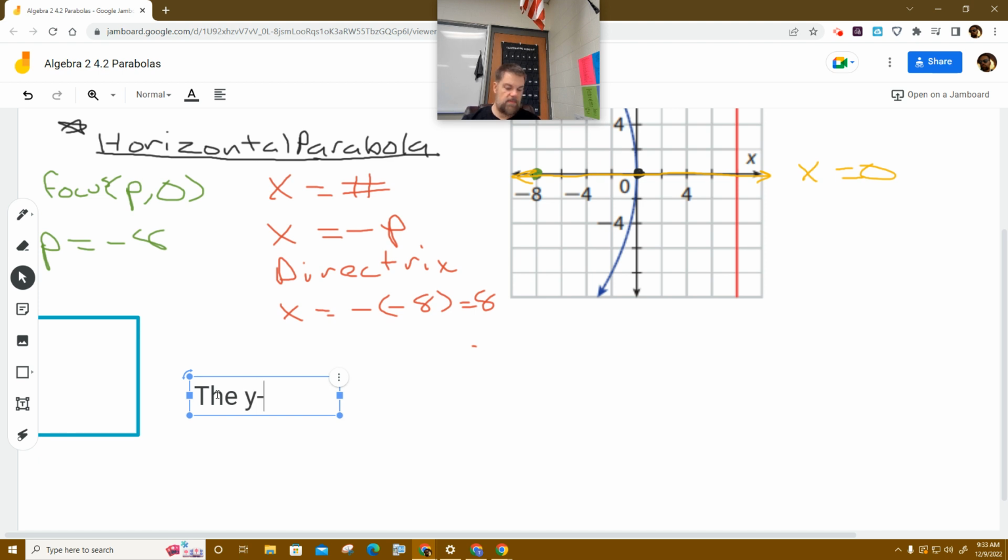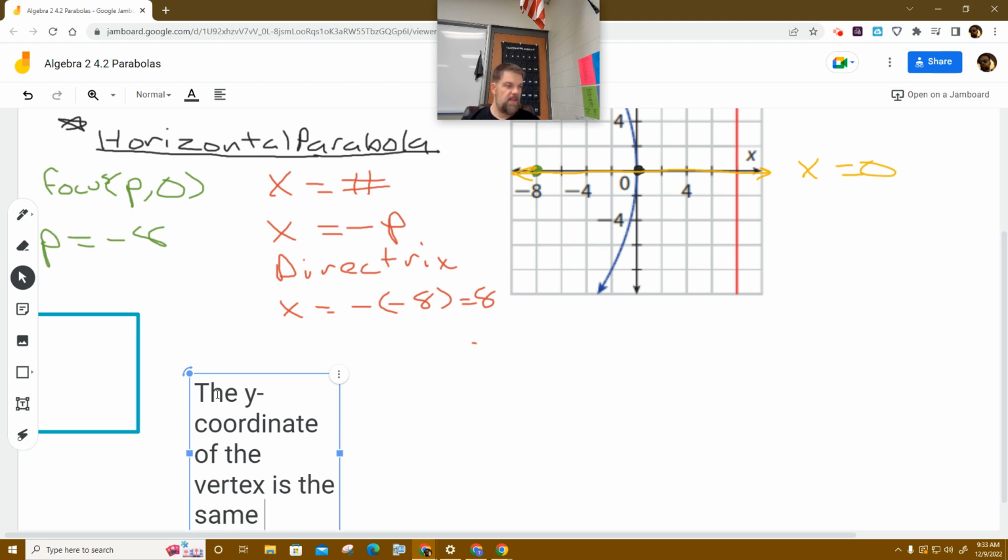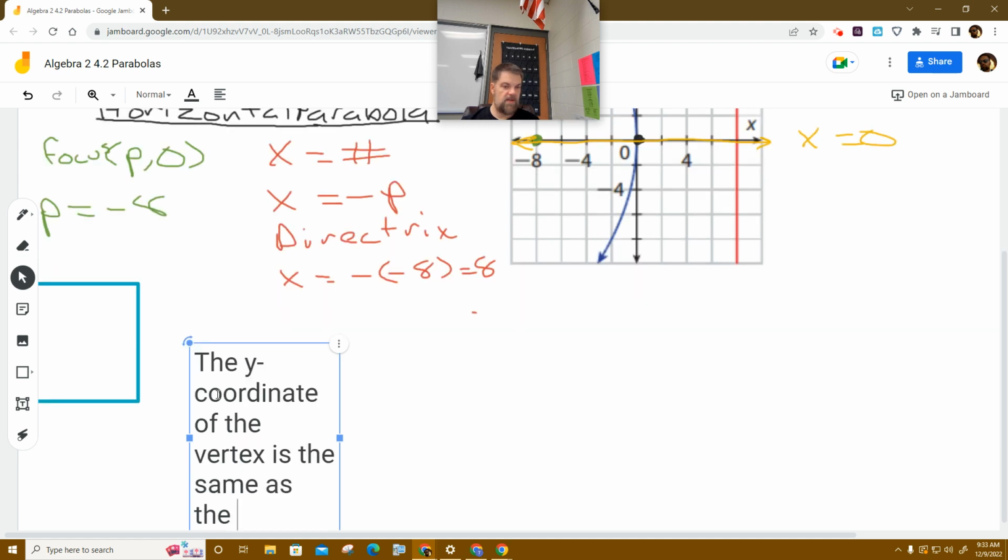The y coordinate of the vertex is the same as the focus, which in this case is 0.